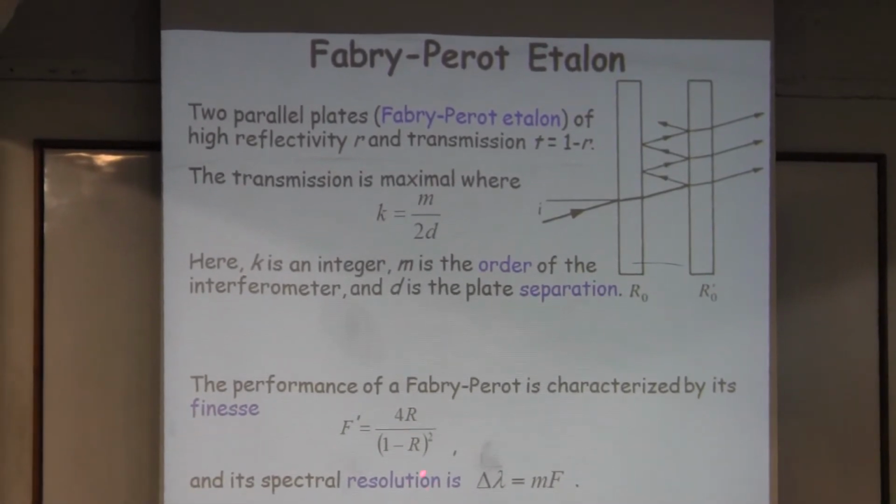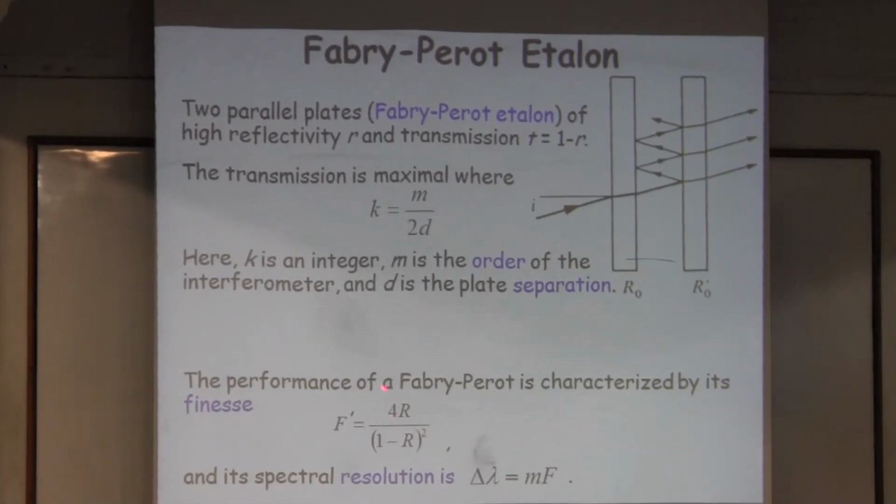Sorry if this may be confusing because I've overused R. Before, R was resolution. Now I'm talking here about the reflection. I should have used a small r here. This is not resolution. This is reflection. Sorry.